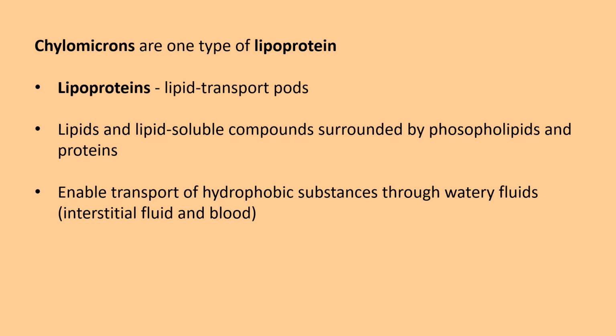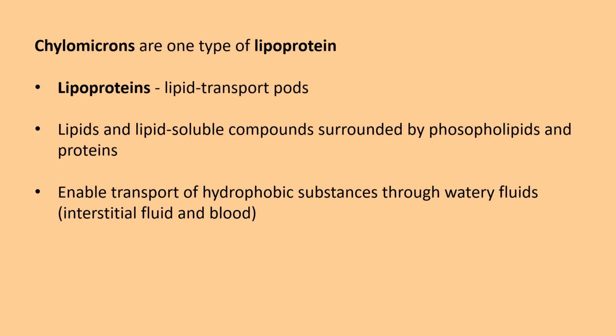So chylomicrons, again, are a type of lipoprotein, and I'll show you a picture in just a moment. There are many different kinds of lipoproteins, but you can think of them as lipid transport pods. Remember, fats and water don't mix, and sometimes we need to move lipids around our body.